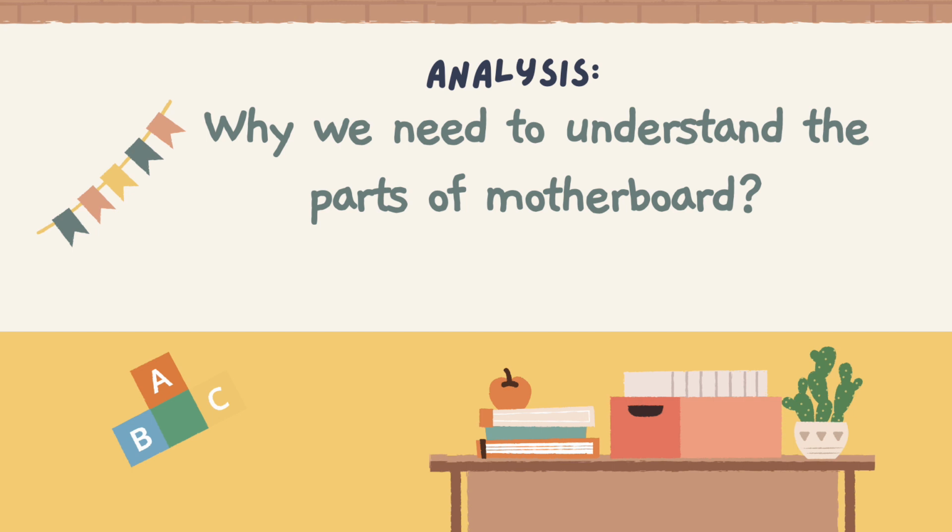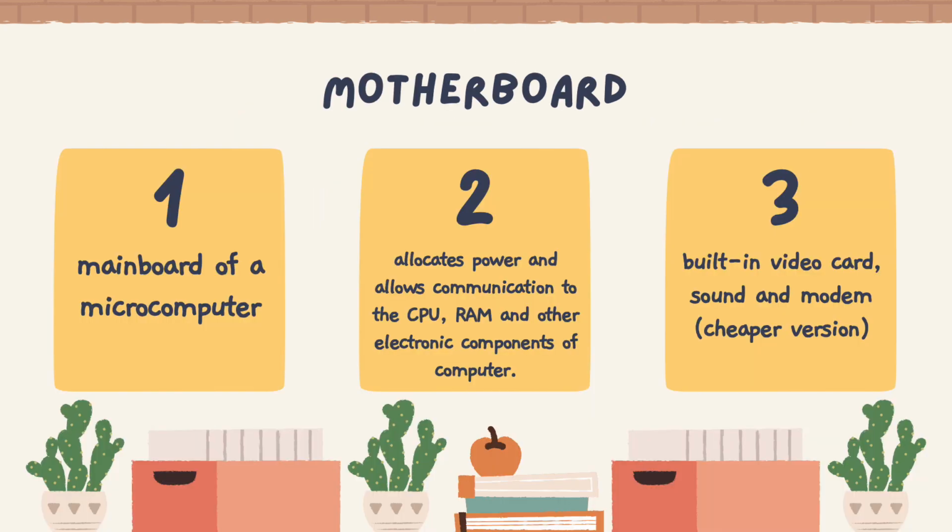So before we start the parts, again, let's define the function. Define and give the function of motherboard. Number 1, it is also called the main board of a microcomputer. So we have different types of computers, and all of them have a motherboard.